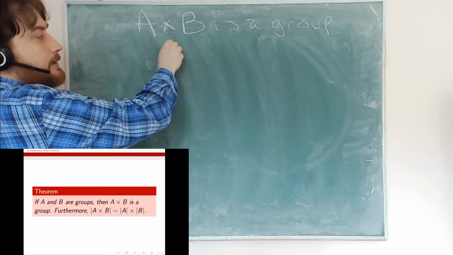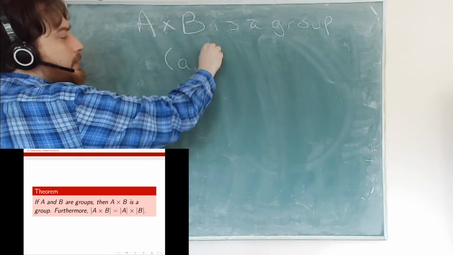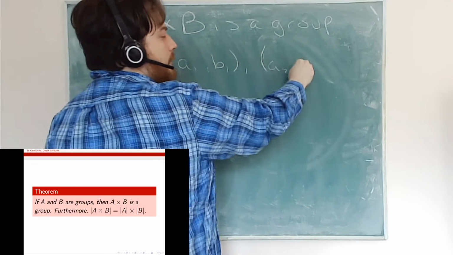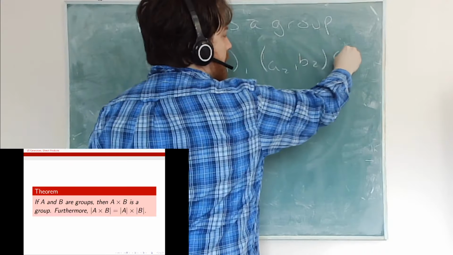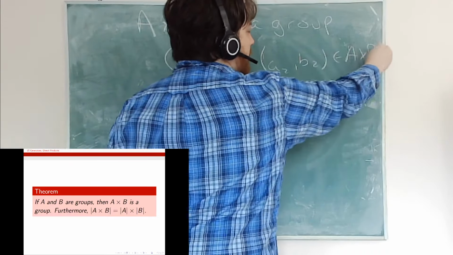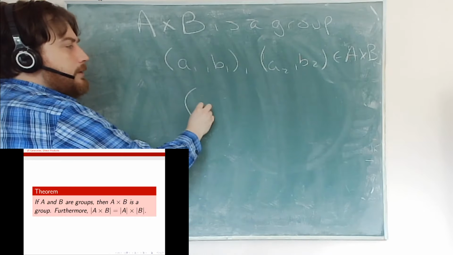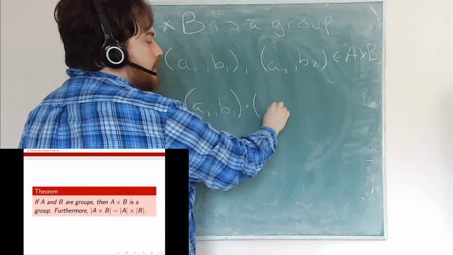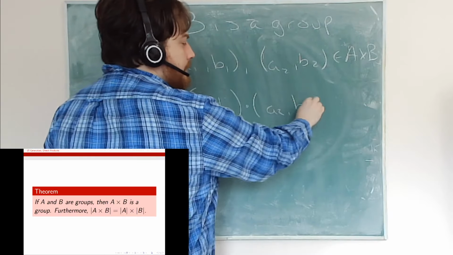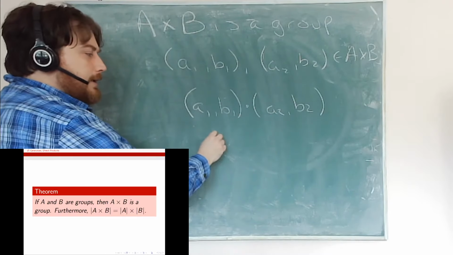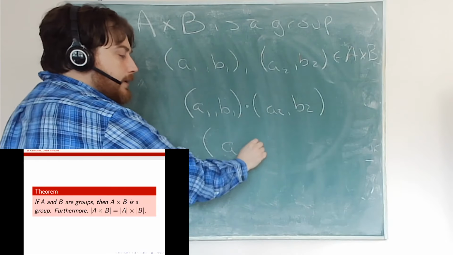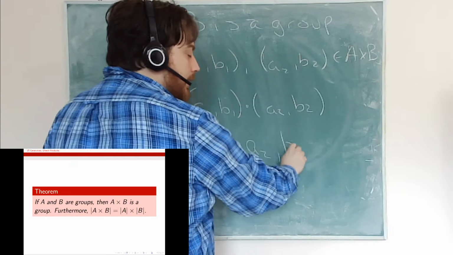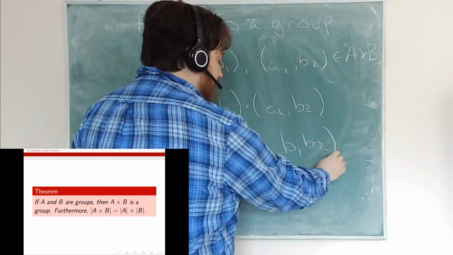Let's suppose I have (A1, B1) and (A2, B2) in A cross B. Then I want to show that if I multiply them, I end up back in the same set. Multiplying these two component-wise, I get (A1 times A2, B1 times B2).